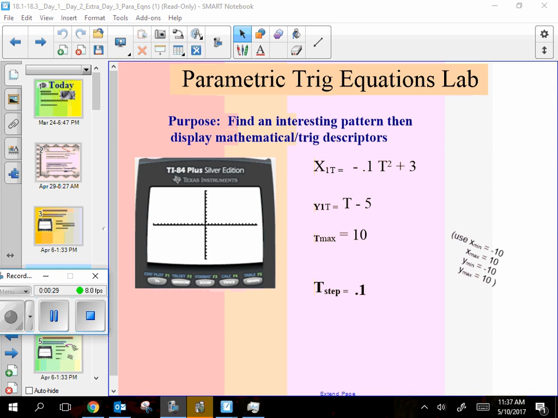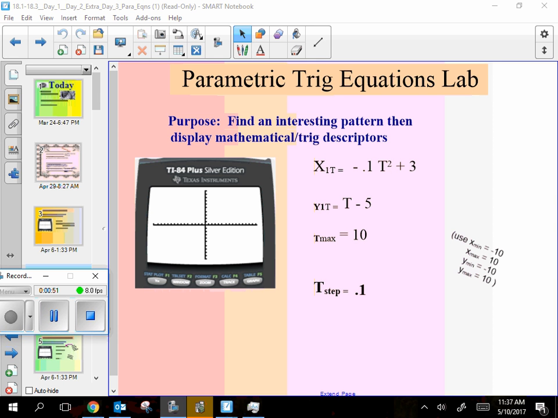Okay, so we're on this page, and I'd like you to type in these two for your x and y equations. Notice it says t max equals 10, and the t step equals 0.1. Just a quick hint, those are not all on one page. To start with, your x and your y are going to be on the first page.